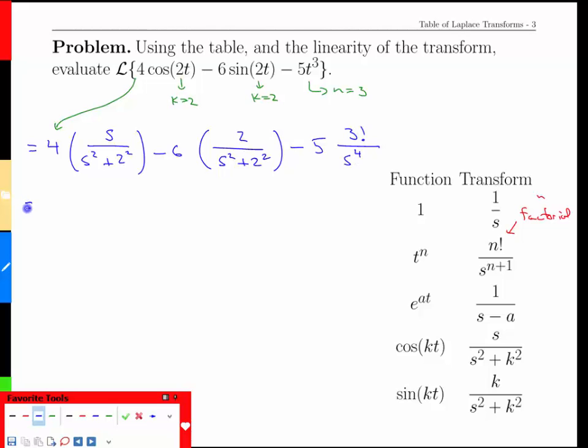And we'll tidy that up maybe a little bit. Call it 4s over s squared plus 4, minus 12 over s squared plus 4, minus, this is 6, so minus 30 over s to the power of 4. And that would be the transformed version of our series of functions here with a linear combination.